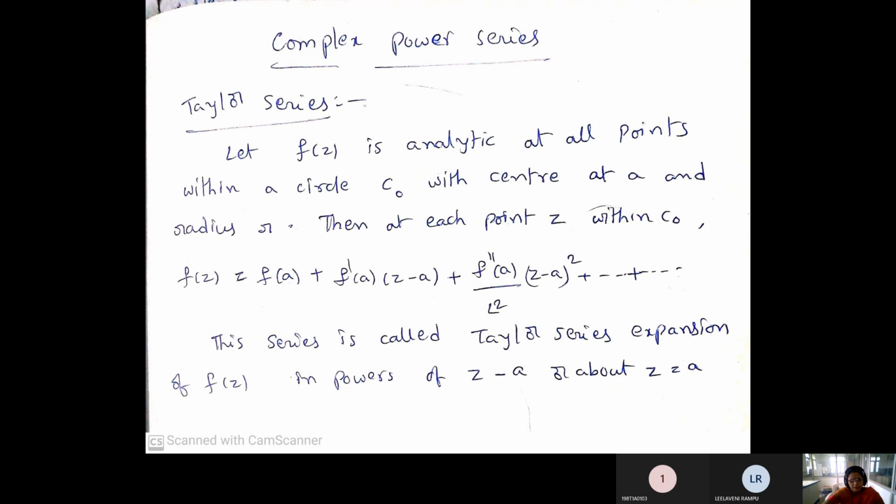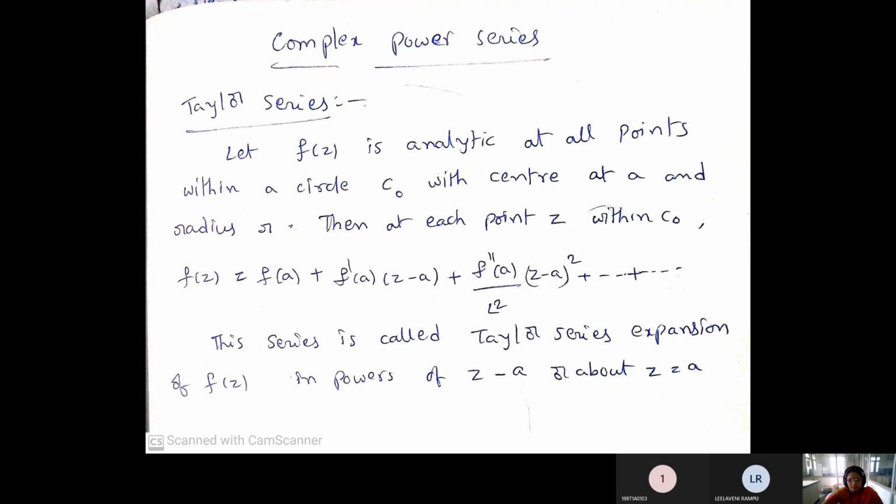The condition is f of z should be analytic at all the points within the circle C0. F of z is an analytic function within a circle C0. The center of C0 is at a and radius R. Then f of z can be written as f of z equal to f of a plus f dash a into z minus a plus f double dash a by factorial 2 into z minus a whole square plus and so on.